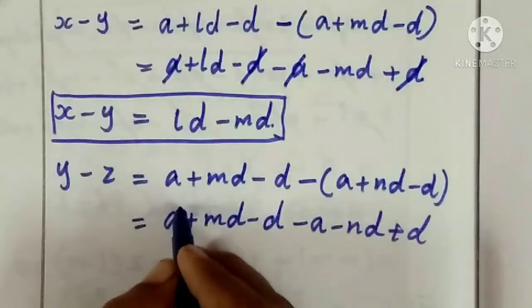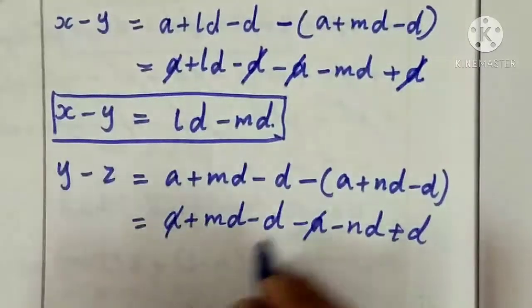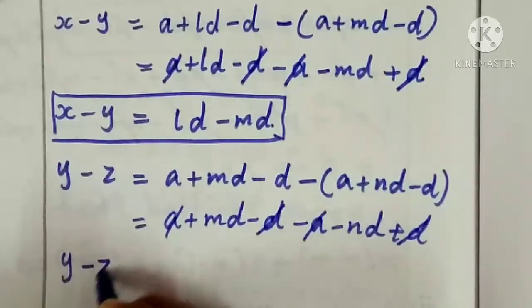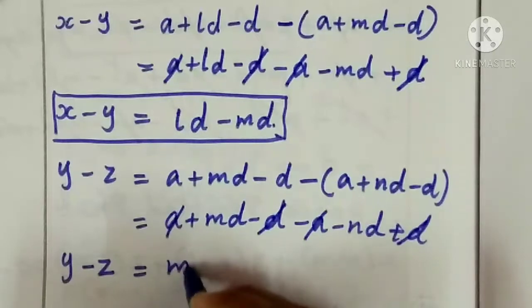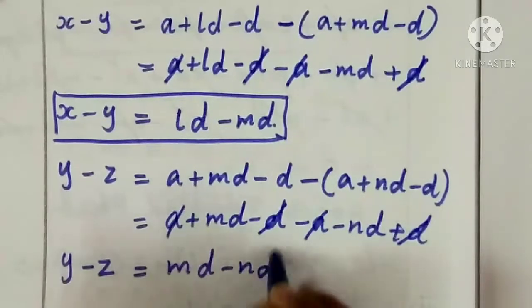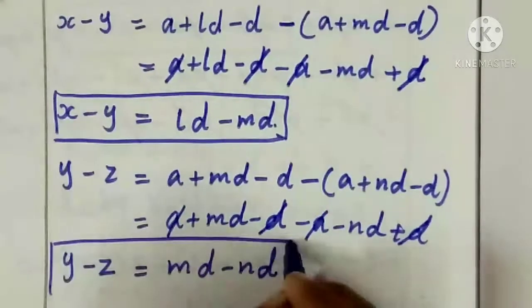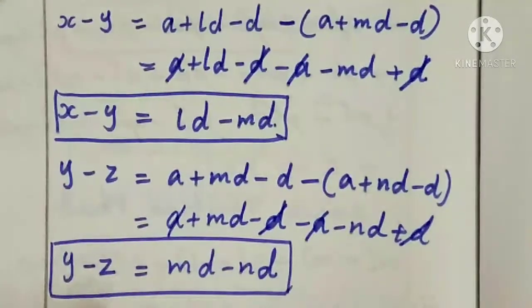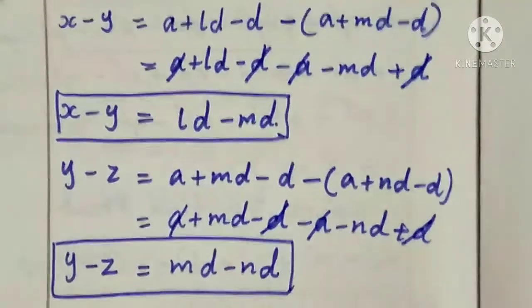Here also plus a minus a cancel and minus d plus d cancel and we get y minus z is equal to md minus nd. This is the value of y minus z.